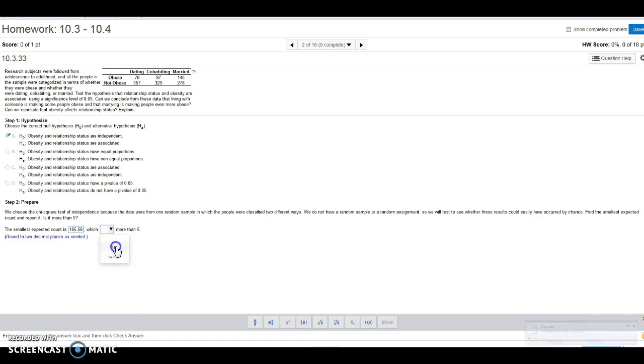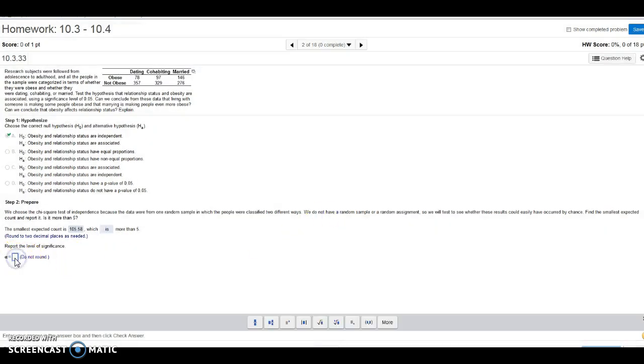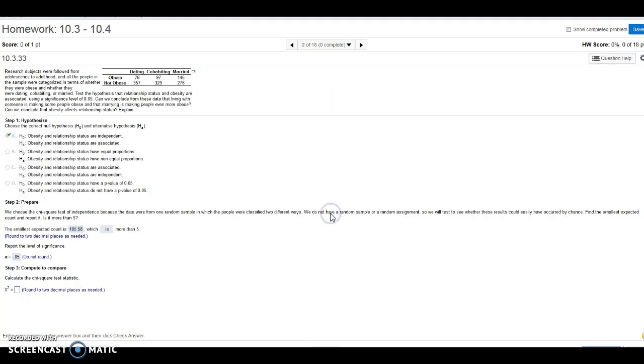That is certainly more than 5, so that meets my large sample criteria. My level of significance, they've given me up here. It says using a significance level of 0.05, so that's my alpha value. That's what I'm going to compare P to make my decision.